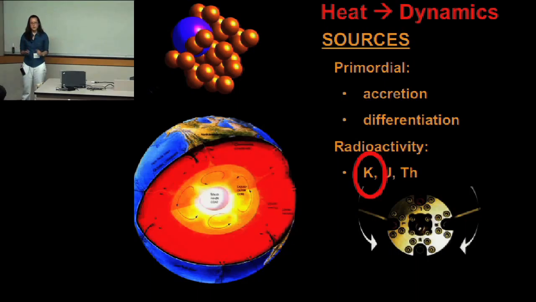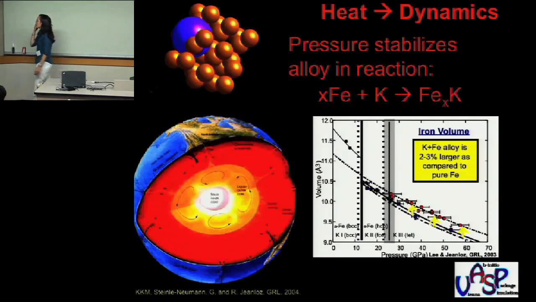The results weren't what I had expected. I found that when I put iron and potassium together at high pressures and high temperatures, I found an inflation of the unit cell volume for iron. And it only happened at relatively high pressures, just into the lower mantle, and only upon melting the iron. And so we published this, but it wasn't exactly fulfilling.